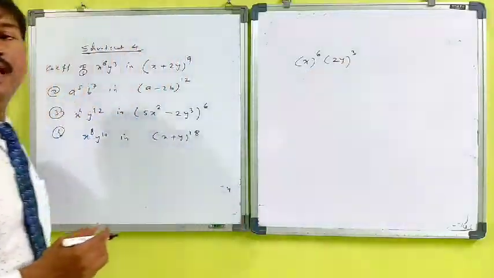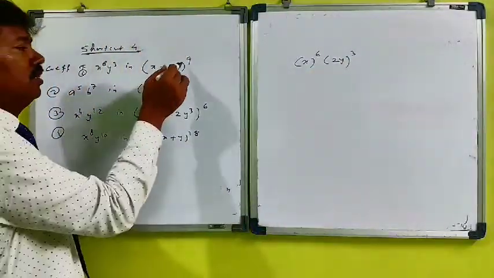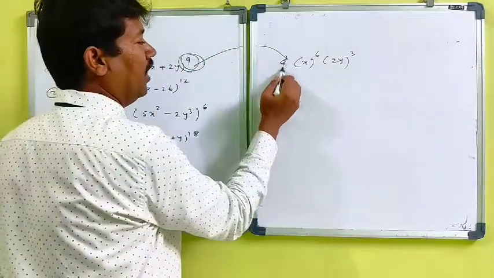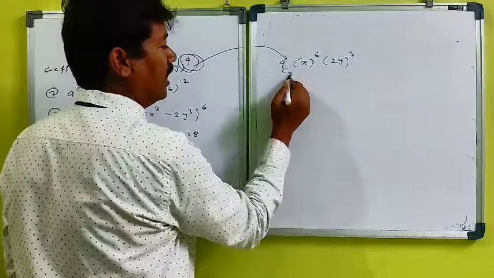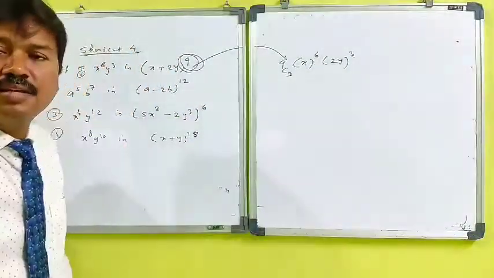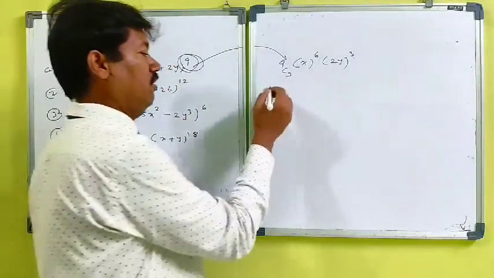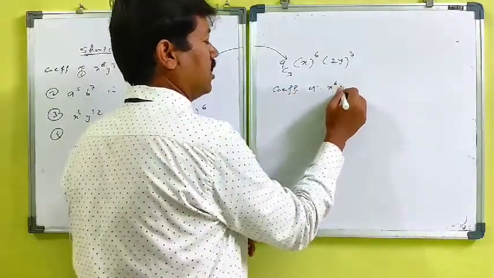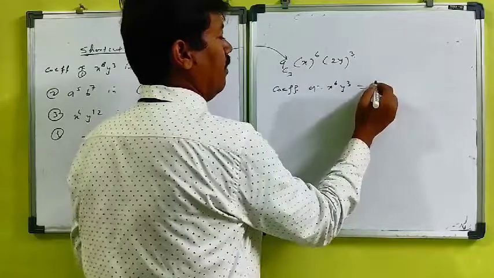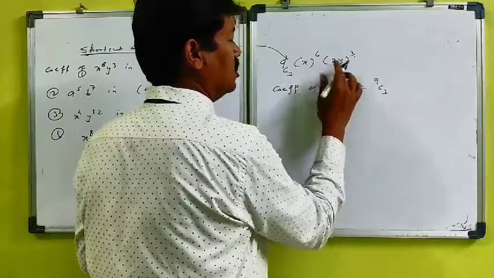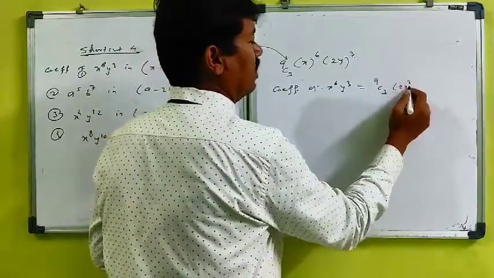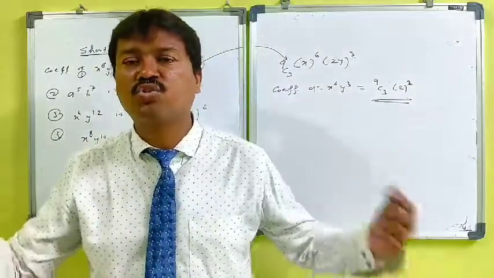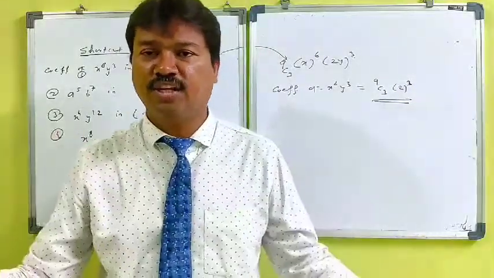Then the highest power, whatever it is, is 9. Write that in front: 9. And the second term's power is 9c3, like this. So what is the coefficient? Therefore, the coefficient of x to the 6, y cube is equal to 9c3. Constant terms are called coefficients. So that is the answer. So fast, so quick, and so easy.